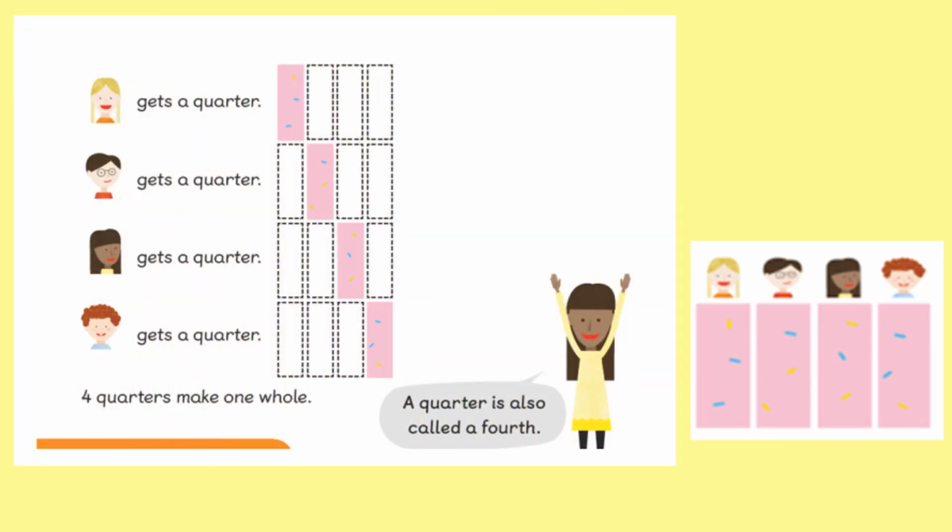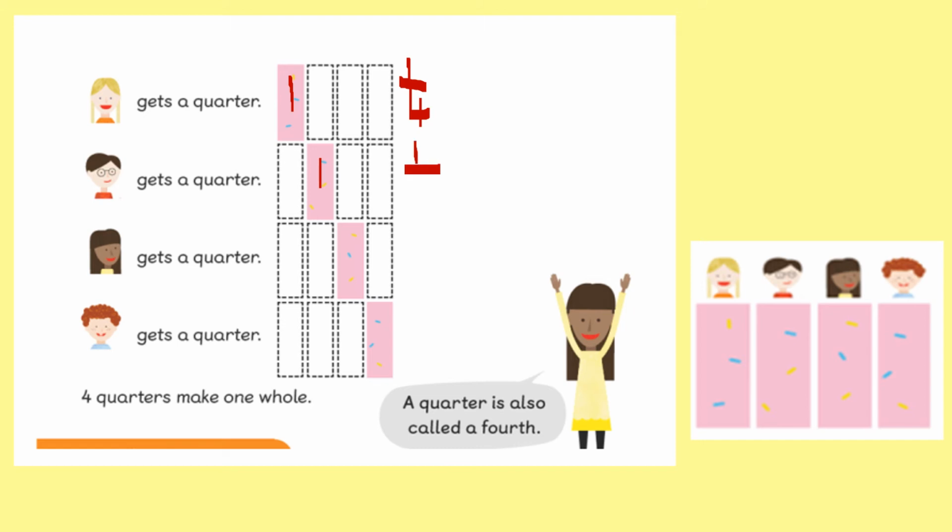Okay, guys, right. So when we cut something into quarters, into 4 pieces, 4 equal parts, it means it's in 4 equal parts. So we'd say that this young lady here, she's got 1/4 of a cake, and we write it like this, 1/4. She's got 1 piece out of 4. This young man, he gets a quarter.